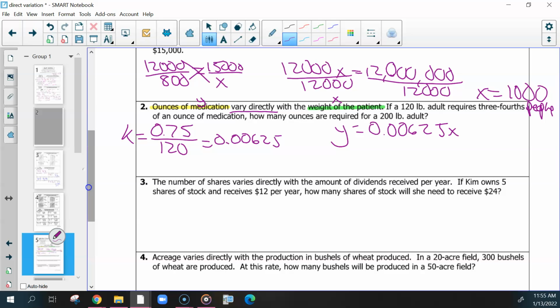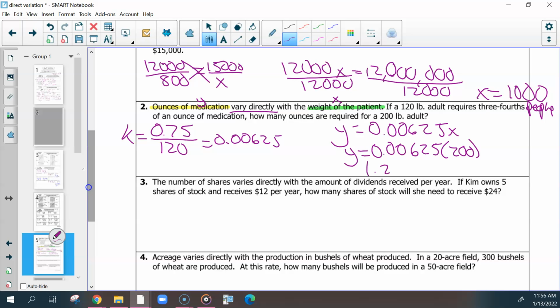Okay. And then in this part, we need to know how many ounces, so we're looking for our Y, and we're given the weight of 200, so we're going to put 200 in for X, and figure out what that is. Someone said it: 1.25.